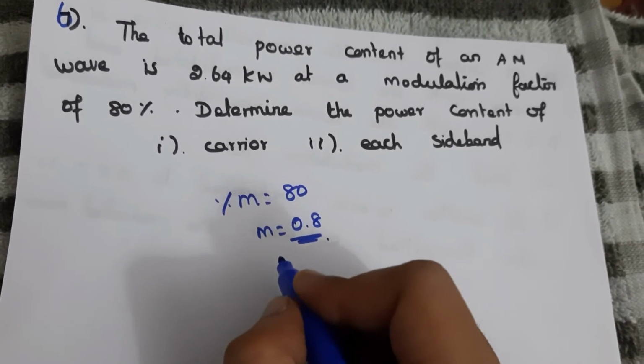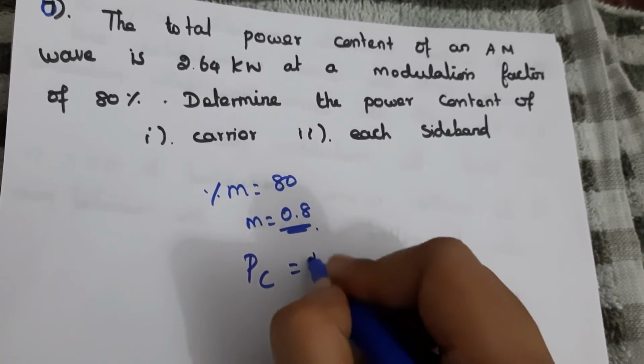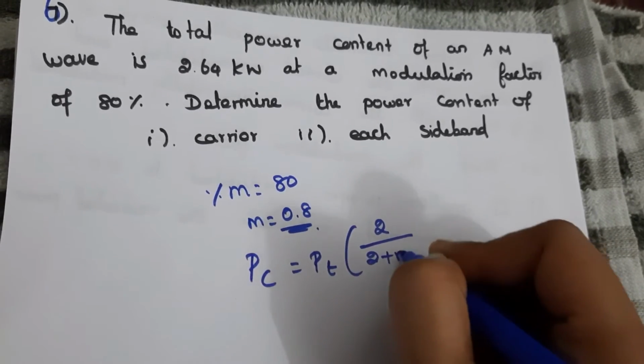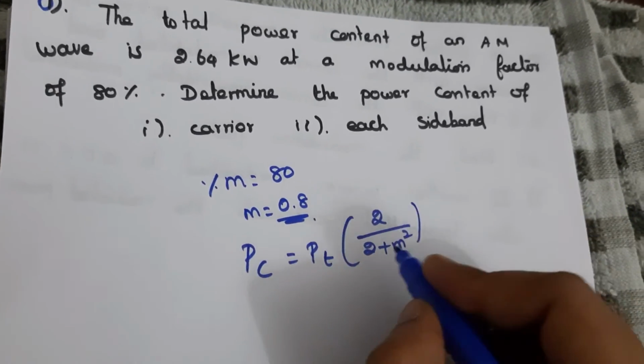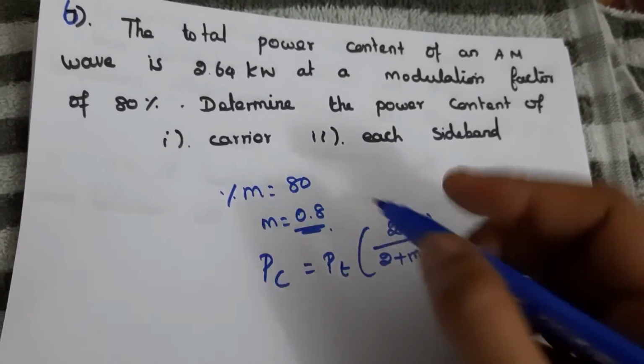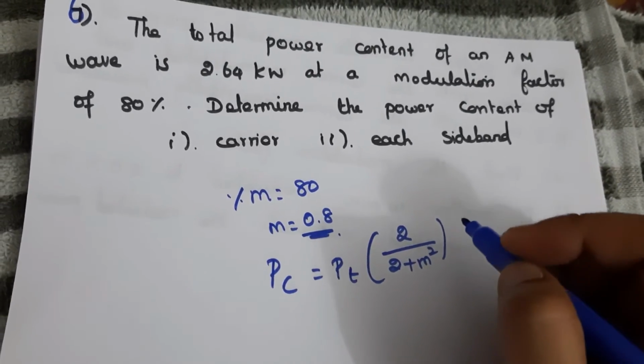So the equation for finding this PC is given as total power into 2 divided by 2 plus m square. This is the formula for finding the carrier power transmitted for various percent modulation.